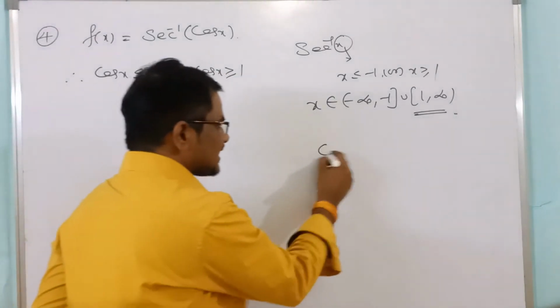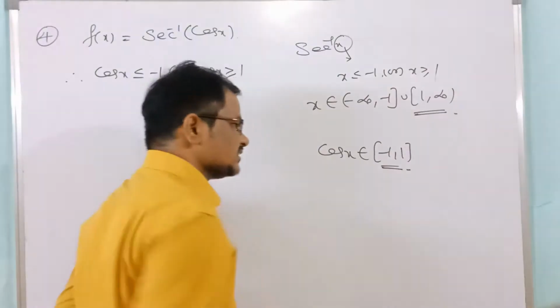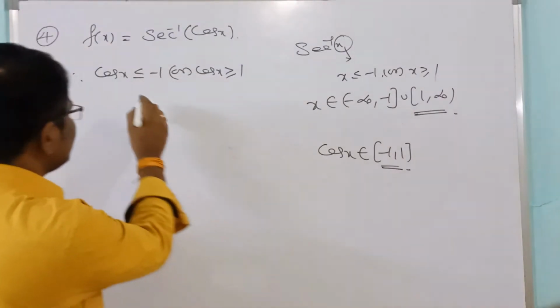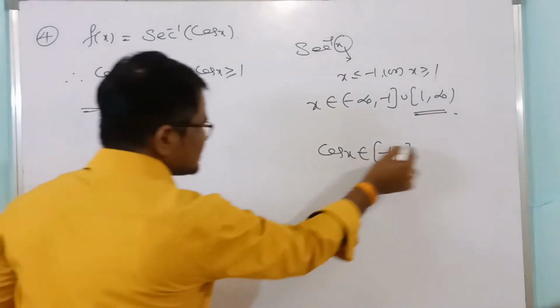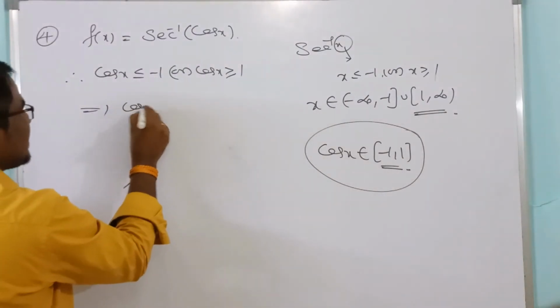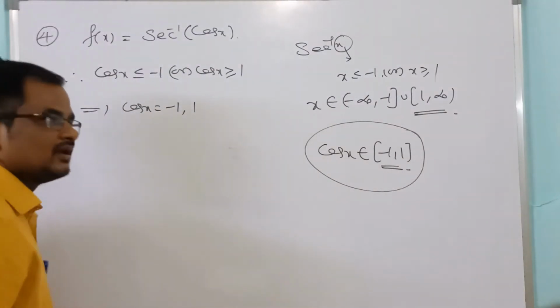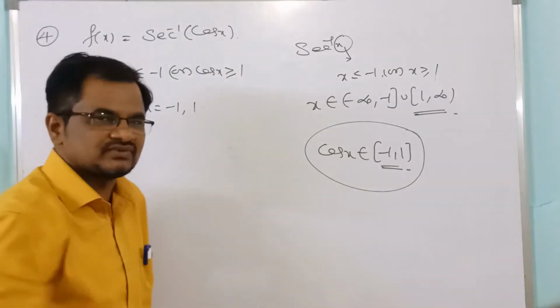But we know that cos x belongs to the closed interval minus 1 comma 1, right? So definitely, less than or equal to minus 1 means cos x equal to minus 1 and plus 1 only, because less than minus 1 does not exist, and greater than plus 1 does not exist.